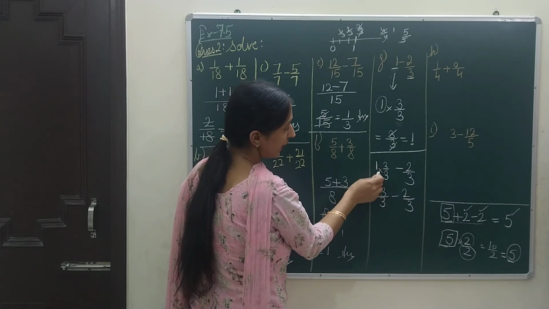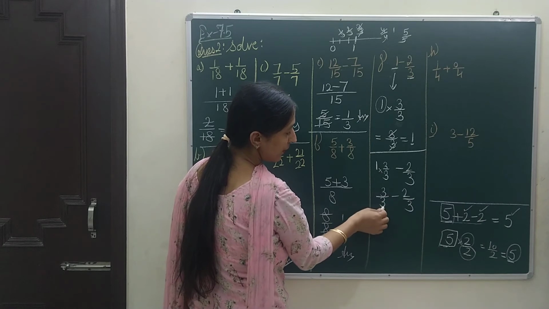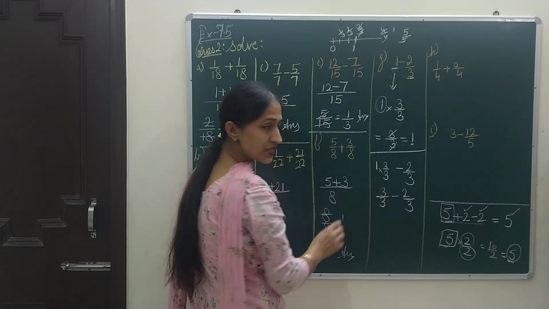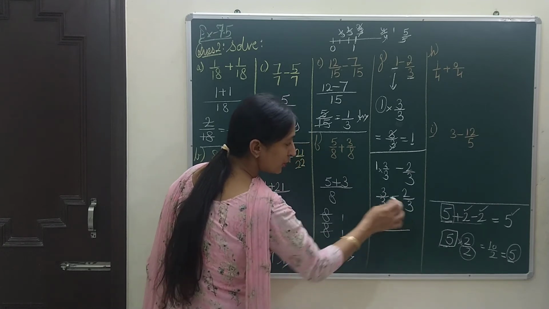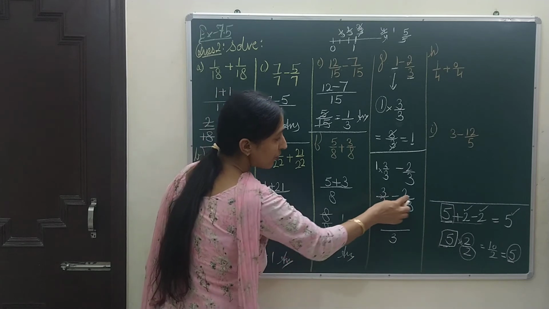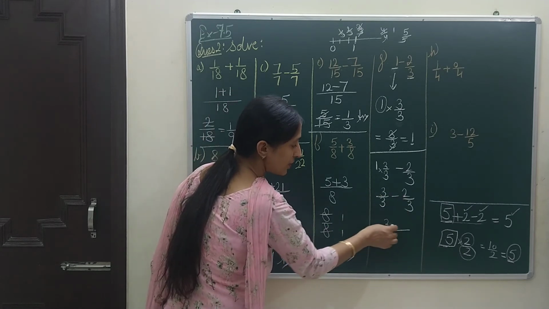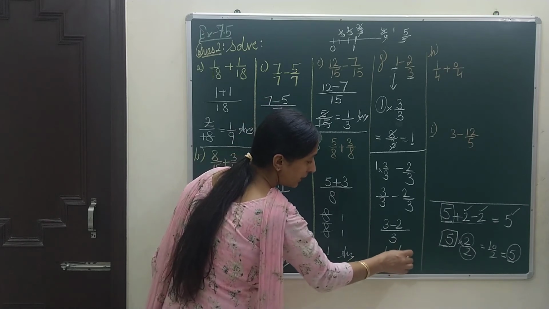And what I get is 3 by 3. Now 1 is replaced by 3 by 3. You can check, when 3 is cancelled, again it will be 1. So now my question is easy. Both denominators are the same. So I will write 3 in the denominator, and for the numerators I will apply the operation 3 minus 2, and it will be 1 by 3.